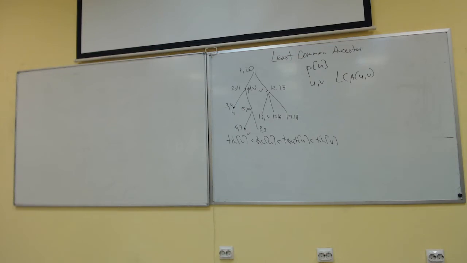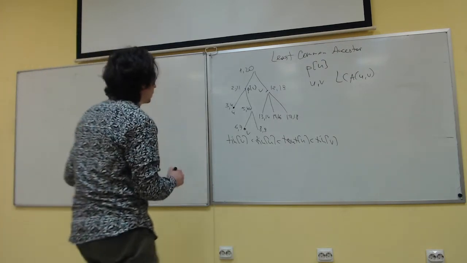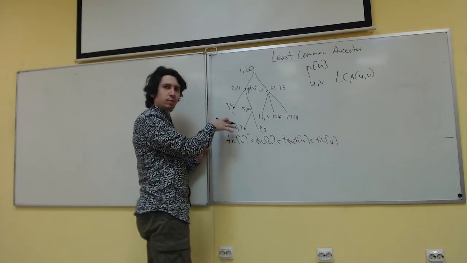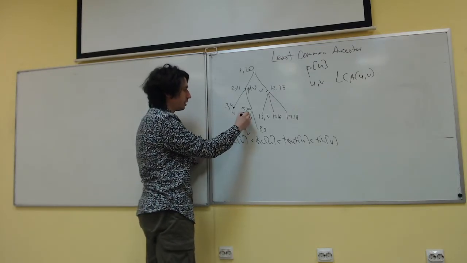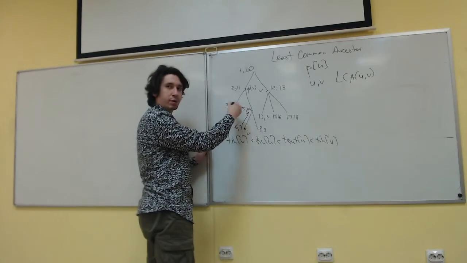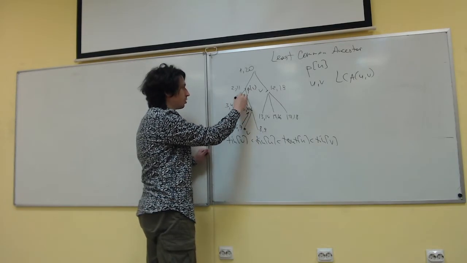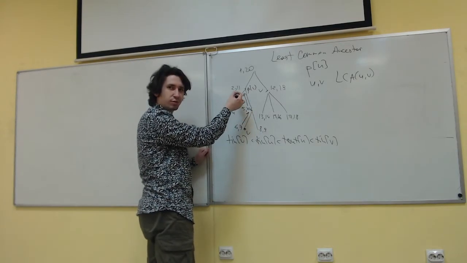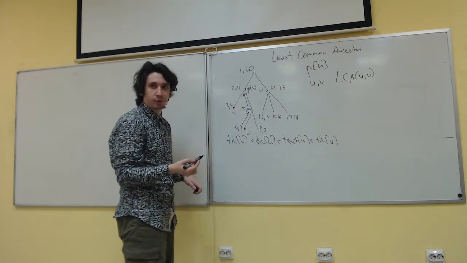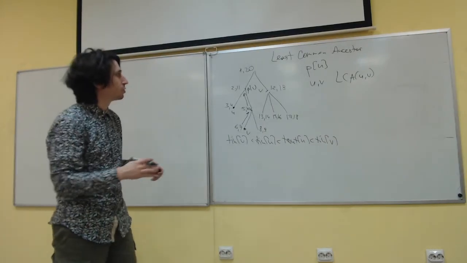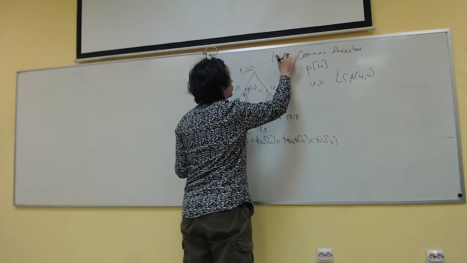Well, at first I guess we should check whether this one with the minimal height is the parent of another, and then we should go to its parent and check whether its parent is a parent of... Yeah, exactly. It doesn't matter whether you take the minimal height, you can start with v and go like that, check: is this guy the ancestor of u? Now go up, is this guy's parent an ancestor of u? Yes, then it is the lowest common ancestor. Oh, sorry, why least? Lowest. Sorry, lowest.